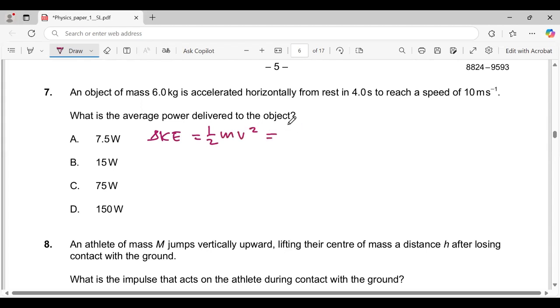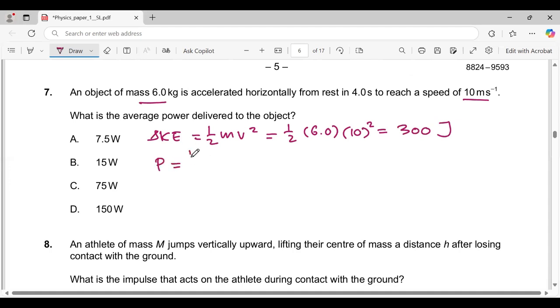Substitute this information: 1/2 times 6 kg times 10 meters per second squared, because v squared, this is 100 times 3, 300 joule.